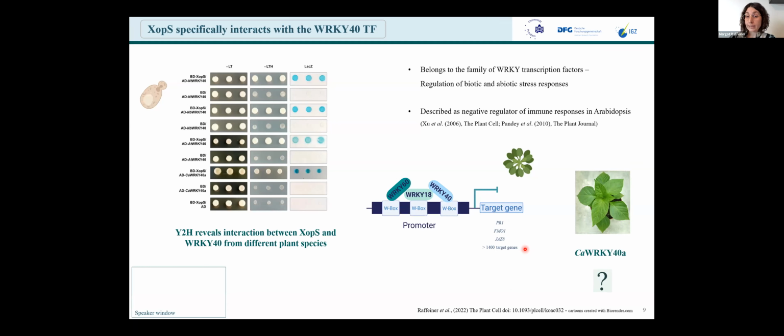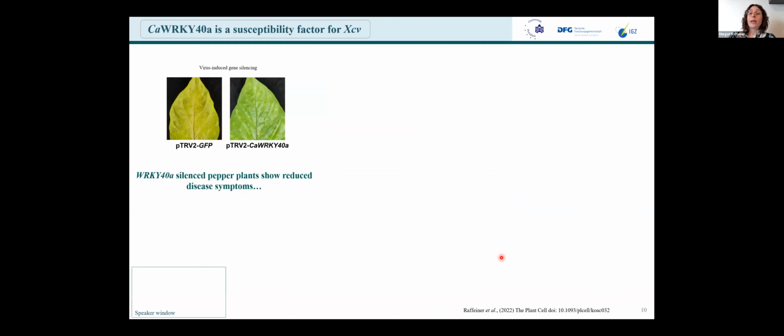What we did observe when downregulating WRKY40A via virus-induced gene silencing was that these silenced plants exhibited significantly reduced disease symptom development when infected with an XCV wild-type strain.